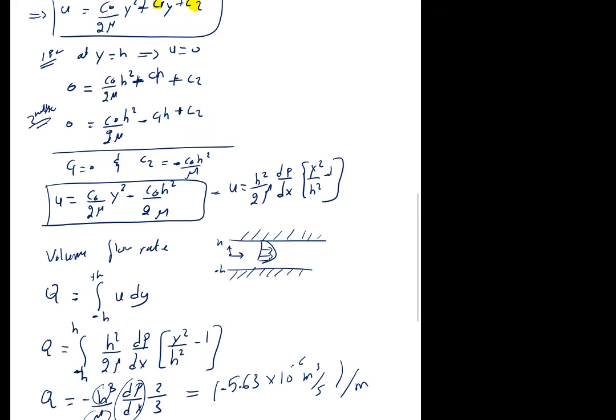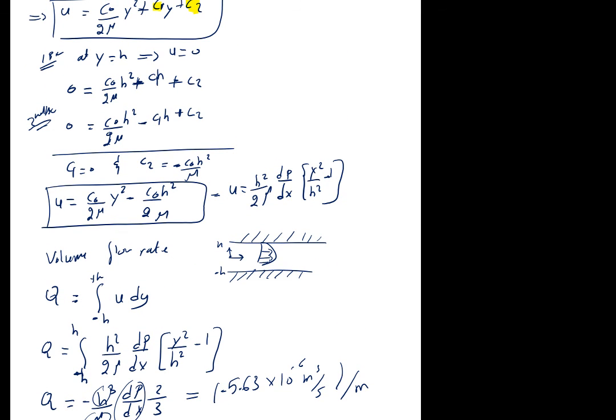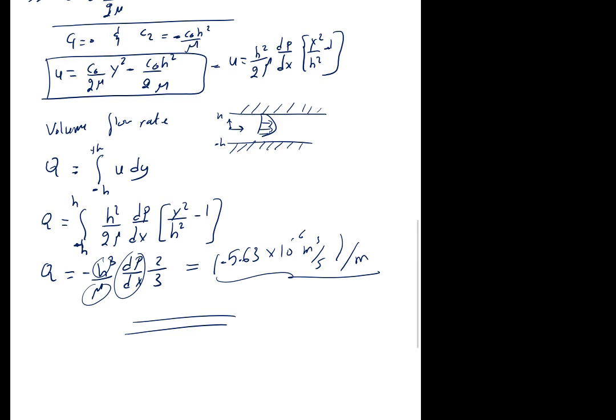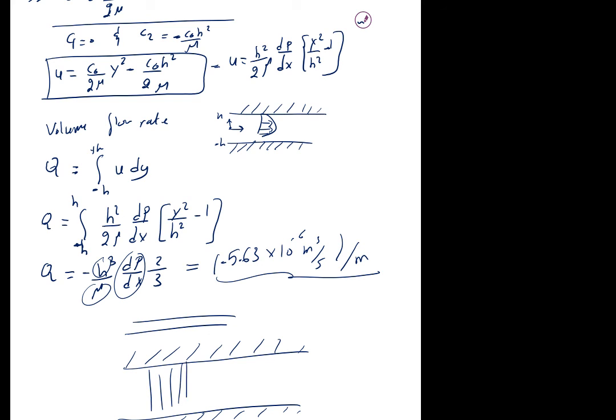Now, if you ask a computer to solve this for you, it will not give you this direct answer, because what the computer is going to do is take the channel and break it into grids and meshes, and apply some kind of numerical method to solve this problem.